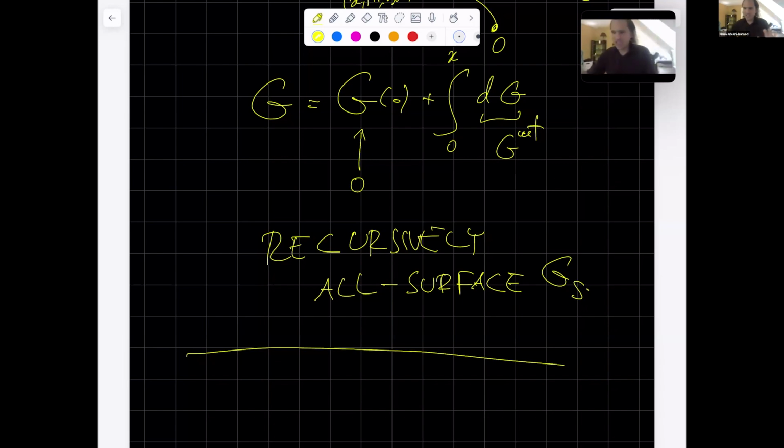But just to take stock, what have we seen? We've seen that we're drawn into thinking about surfaces to begin with, because even at tree level, kinematics are associated with curves on surfaces, but up to homology.